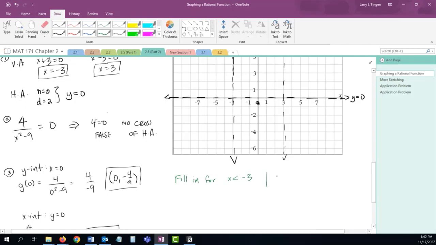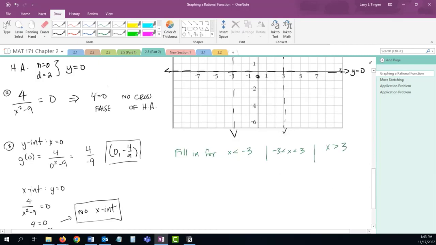I need some between negative 3 and 3 because all I have is this single point. I'd like to have some other values in here. And then I need to look at when x is greater than 3. All right, so I'm going to take some numbers less than negative 3, plug them into the original, and see what I get.